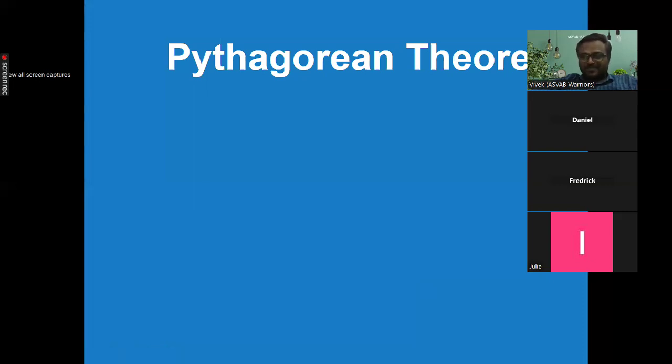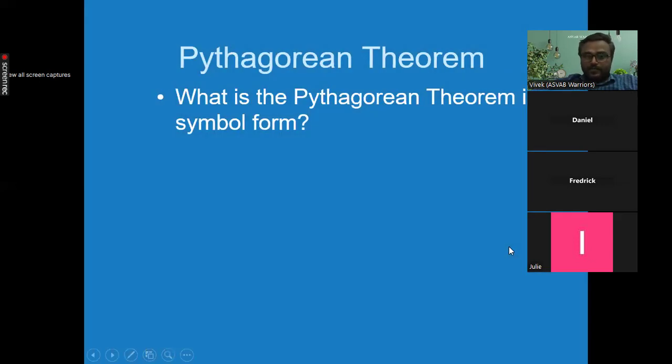Pythagorean theorem. Now, if you know about right angle triangles, there is something interesting when we need to find the hypotenuse, or the third length of a side. We need to use this Pythagorean theorem.